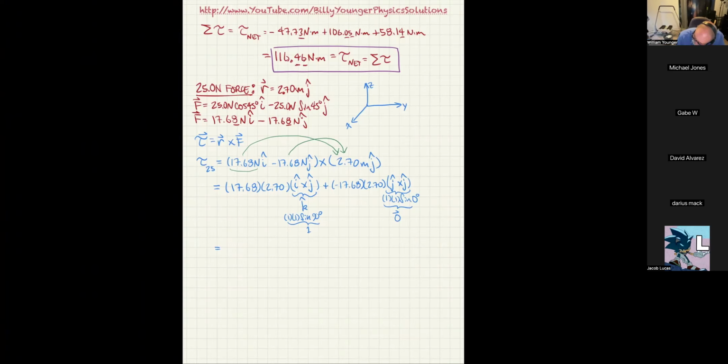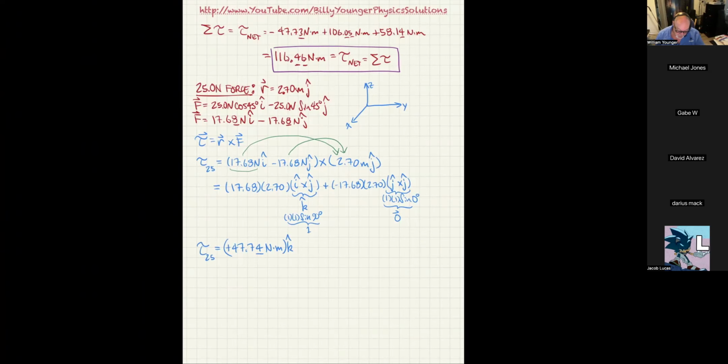It gives me positive 47.74 Newton meters in the k hat direction. Okay, so that is the torque for the 25 Newton force.